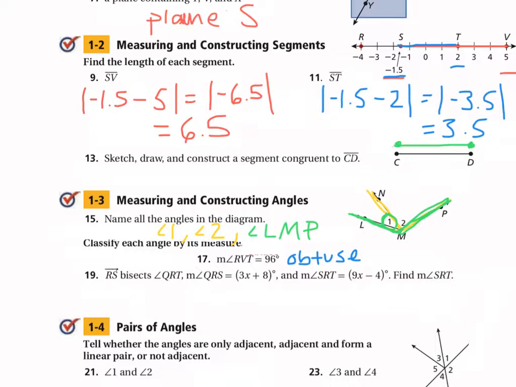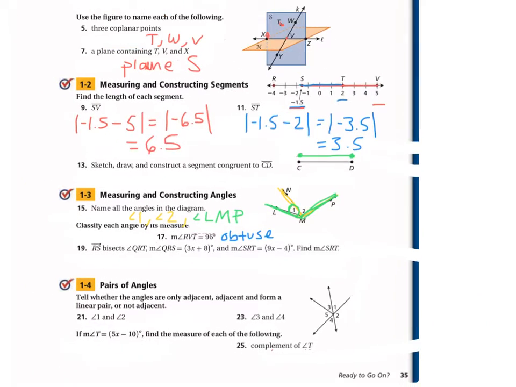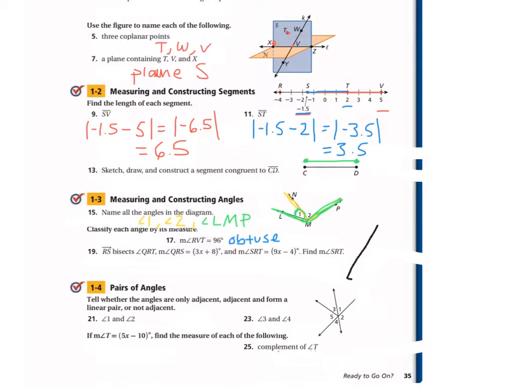So the first thing we do is draw it out. So we have angle QRT and RS bisects it. So right off the bat, we can put arc marks because the 2 resulting angles are congruent.